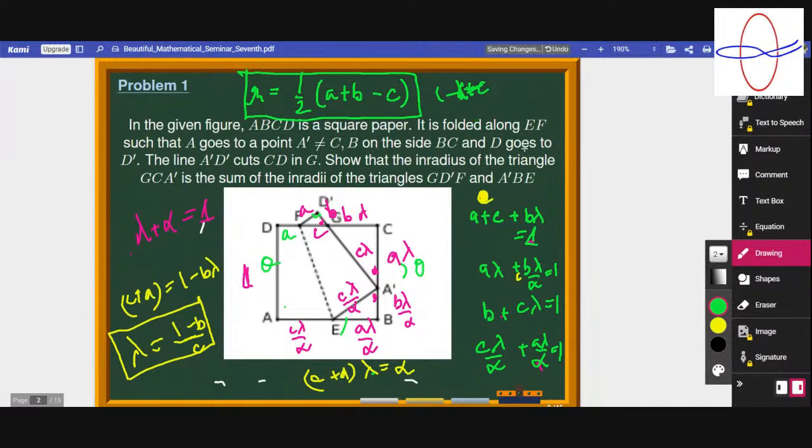So if you just equate the first two equations, what do we get? 1 minus A minus C by B equals 1 minus B by C. You just equate it, what do you get? C minus AC minus C square is equal to B minus B square. So C square minus B square is A square. So you get C minus AC minus B equal to A square. It's kind of an awkward result, but still.